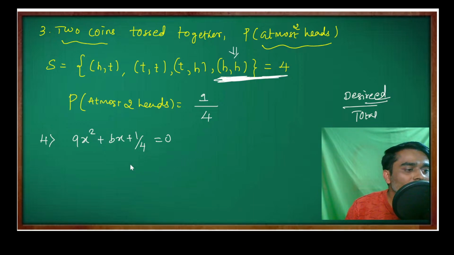So next question, the quadratic equation is this. It has equal roots. Then what is the value of b?